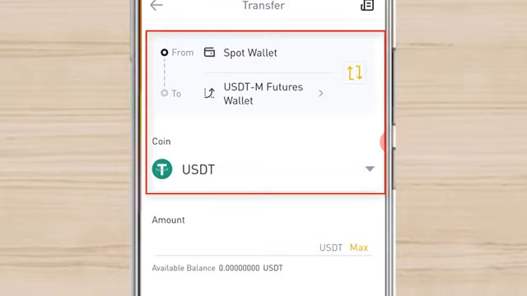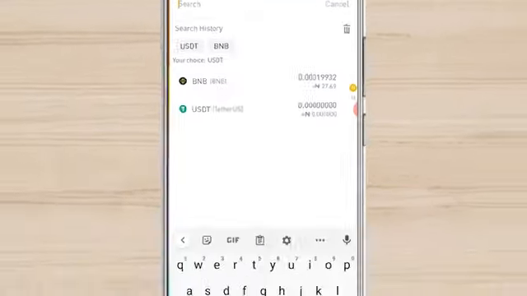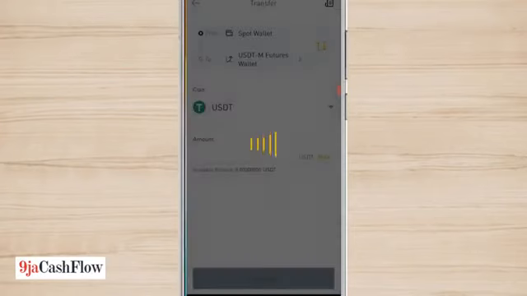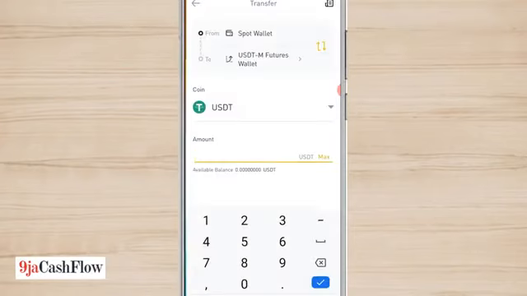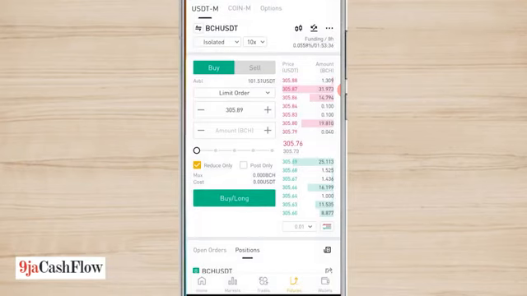I already transferred, but let me just show you how you do it. You click on USDT here, then you type the amount, then you transfer it to your wallet. So let's go to my wallet and see what is there. Right now I have about 101 USDT in my futures wallet.